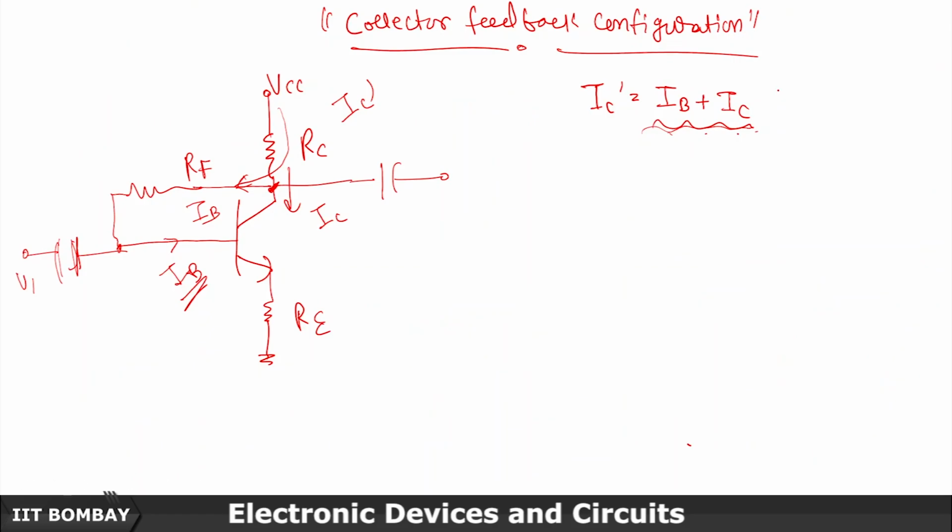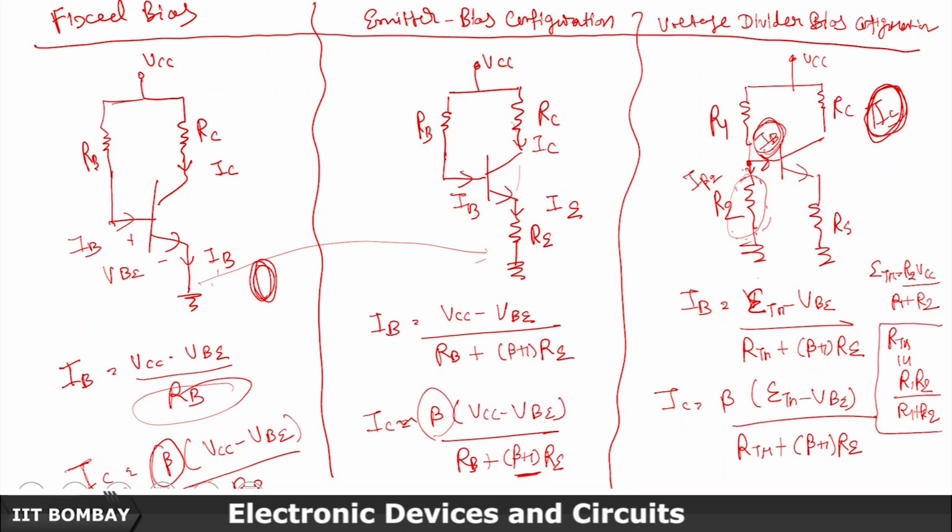So if IC will increase, IB will go down, and we know that IC is equal to beta IB. So even if beta is increasing, which would lead to an increase in IC, this equation will lead to a decrease in IB. So overall IC will remain the same. This feedback mechanism is there. That is why this is acting the same way here as well.